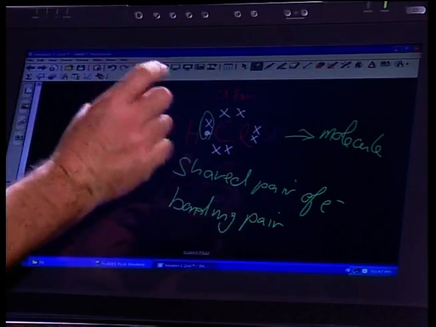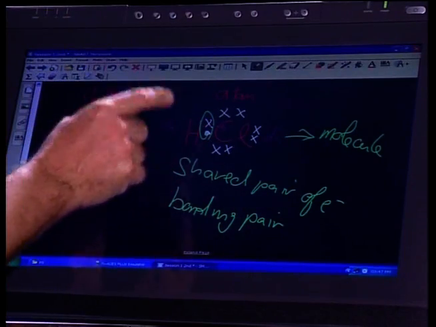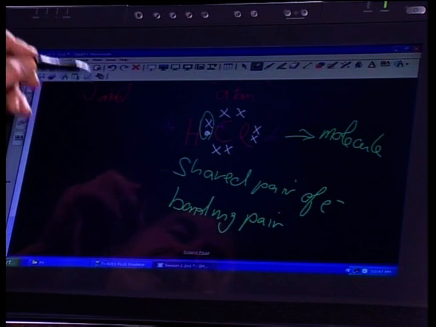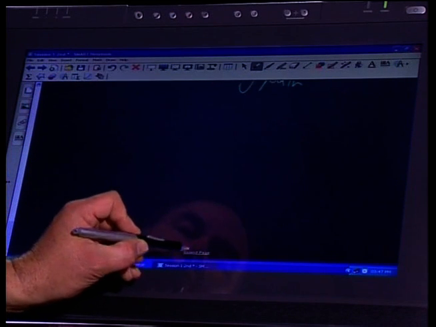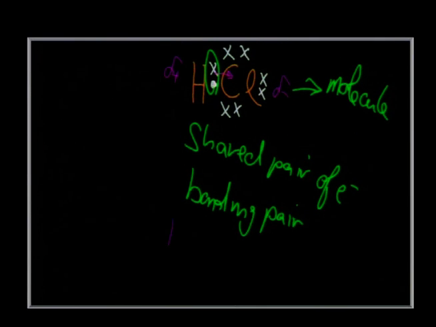This is also an electrical dipole. Positive end, negative end, and we'd say, therefore, that this bonding is known as polar covalent, and the molecule is a dipole. It's a polar molecule. One end is positive, one end is negative.